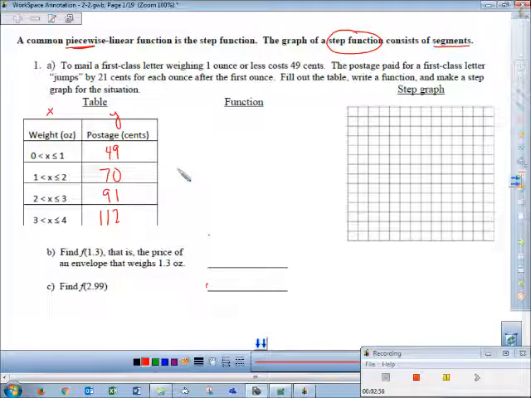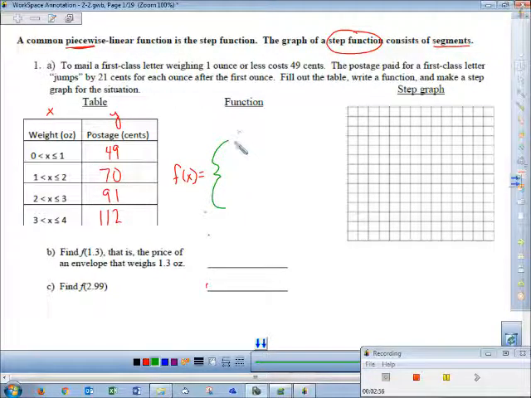Let's write a function. So the function will be f of x equals, and now here's the new part. We've got all these different pieces right here. And according to our table, we're only going to put these 4 pieces in. We're going to start with this cool bracket right here, saying all of these little pieces are a part of this function.